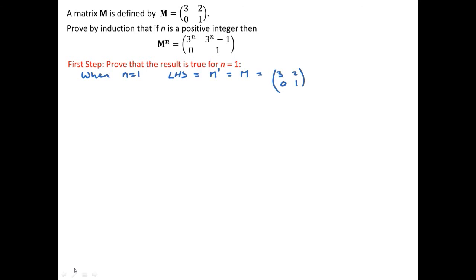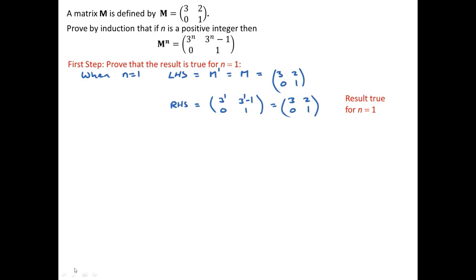The right-hand side, when n equals 1, is the matrix (3^1, 3^1 - 1; 0, 1). Remembering that 3 to the power 1 is just 3, that straight away gives me (3, 2; 0, 1) as required. So the left-hand side does equal the right-hand side when n equals 1, so the result is certainly true for n equals 1.